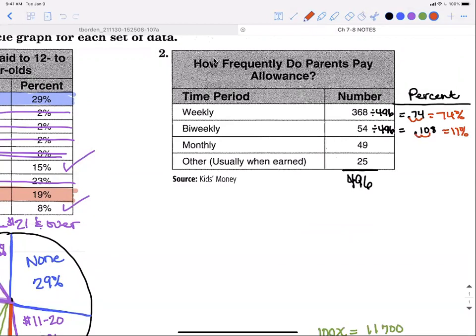Then when I take 49 divided by the whole, by that 496, I get 0.098. Well, when I bounce, I get 9.8%. Let's round that to 10%. And then when I take 25 divided by 496, I get 0.05. And when I bounce, I get 5%.